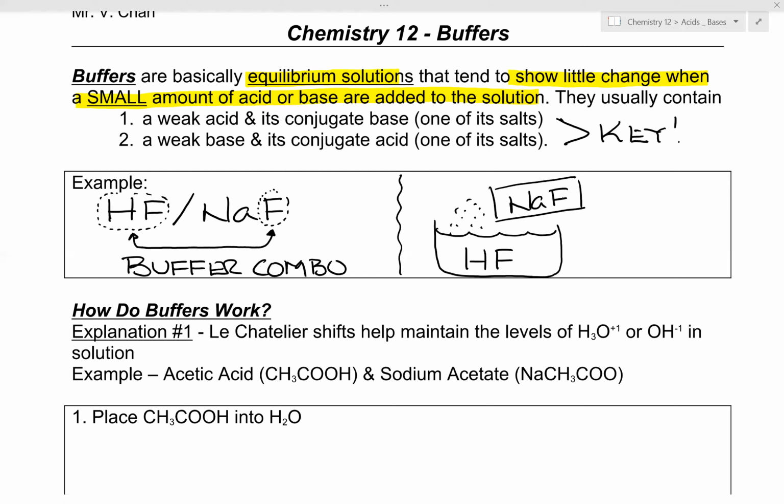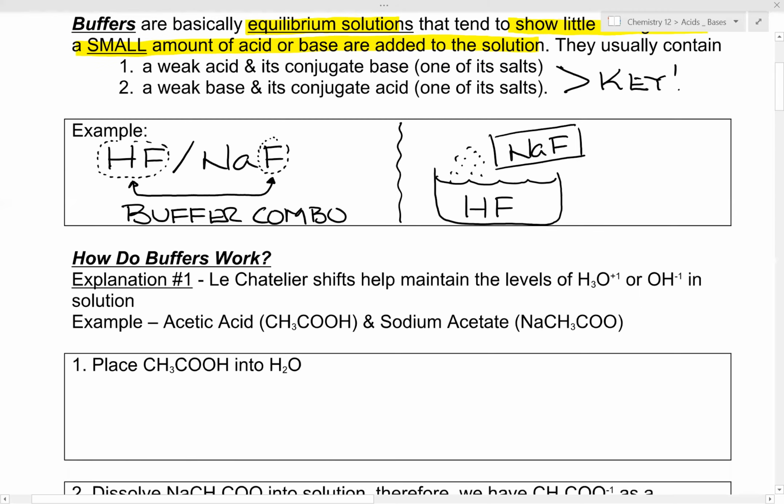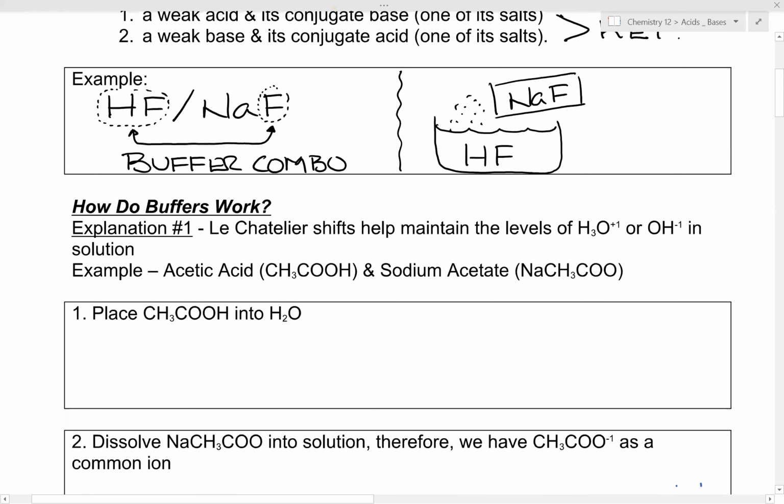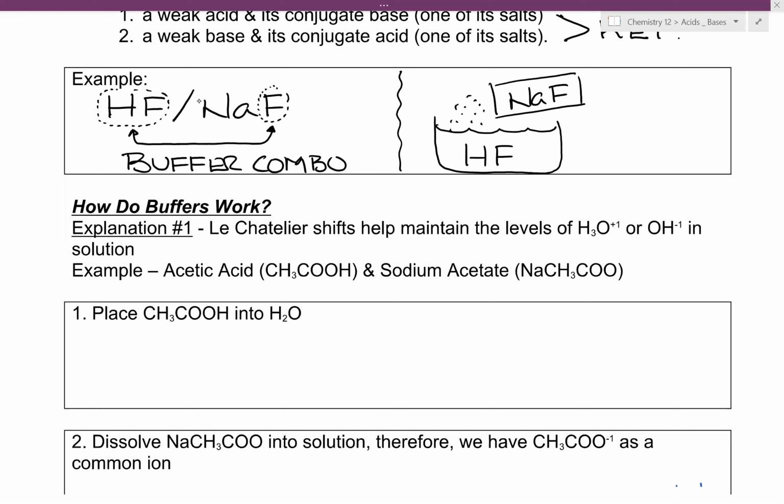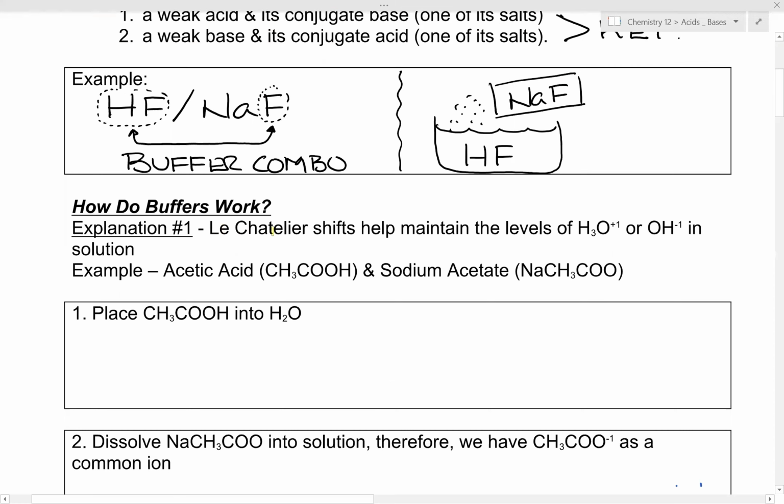Now, why should you have something weak and its conjugate pair? The reason is that by having this particular combination, you get a Le Chatelier shift, which helps maintain the levels of H3O plus or OH minus in the solution.